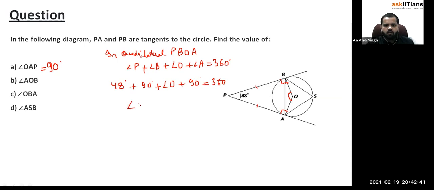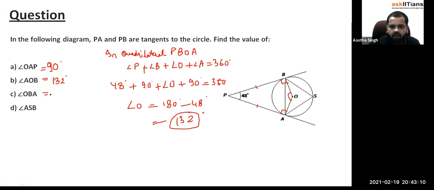So angle O will be equal to 180 degrees minus 48 degrees. So 10 minus 8 will be 2, then 7 minus 4 will be 3, so 132. Your angle will be 132 degrees. Angle O is basically angle AOB. So 132 degrees.